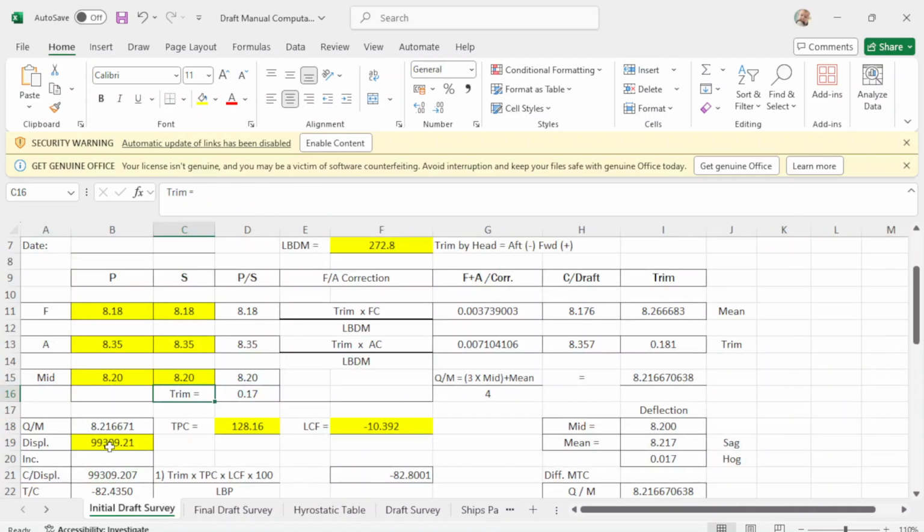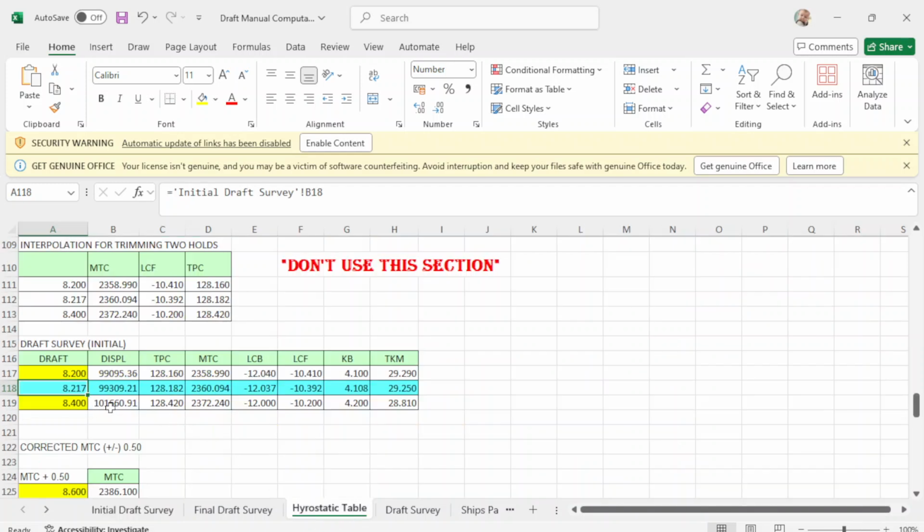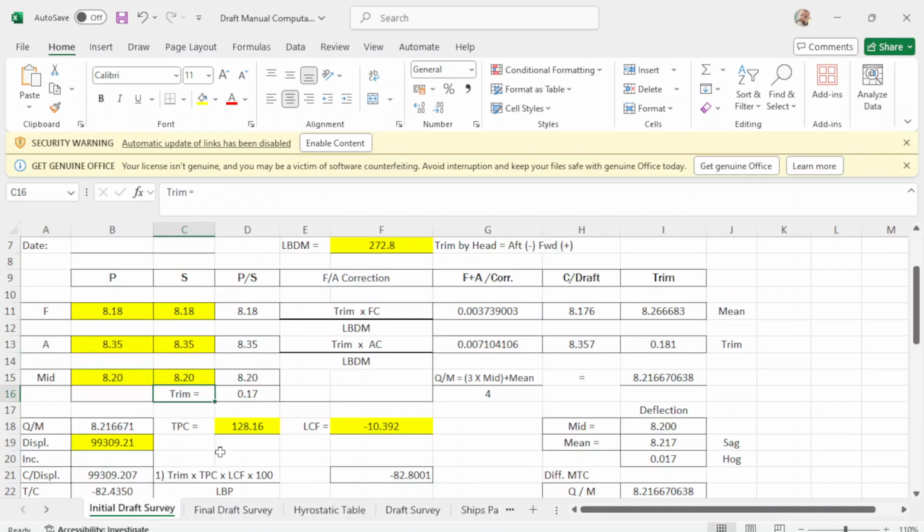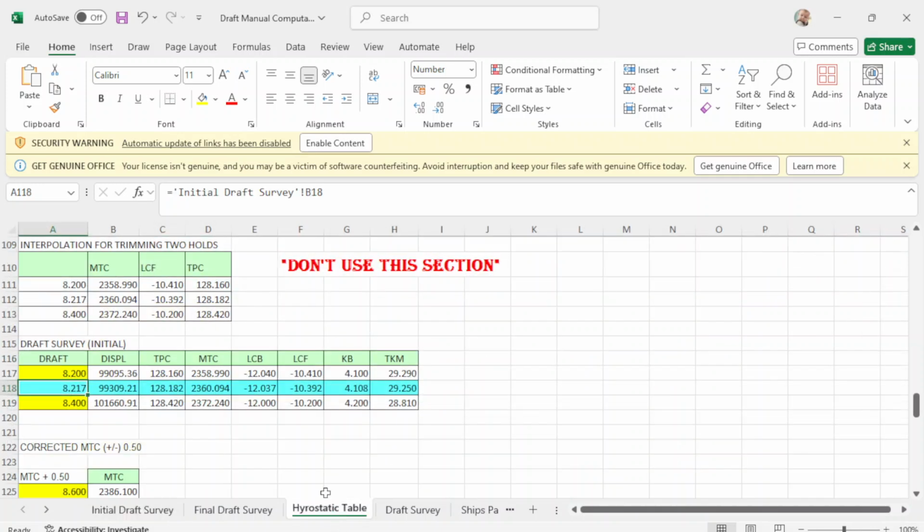Check. Okay, 8.217, and the displacement is 99309.21. TPC is 128.182, and LCF is negative 10.392. So that's okay.